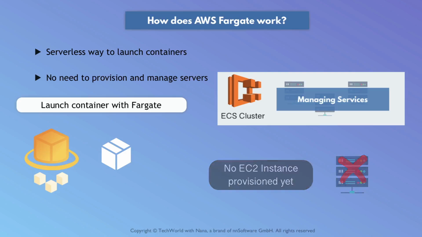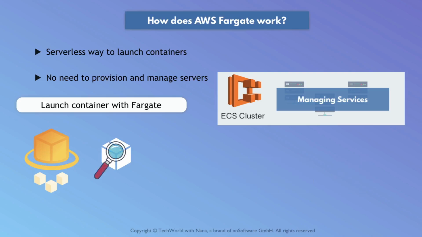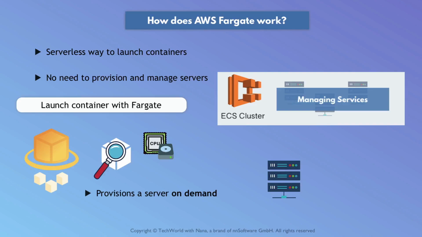Fargate will then take your container. It will analyze by looking at your container how much resources your container needs to run: how much CPU, how much RAM, how much storage it needs to be deployed and to run. And then Fargate will itself automatically provision server resources for that specific container. And then it will deploy and run that container on the provisioned server resources.